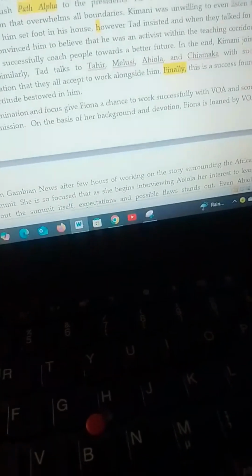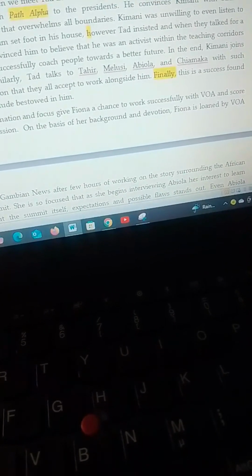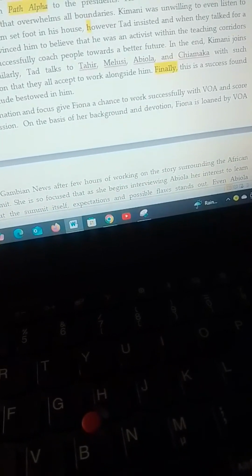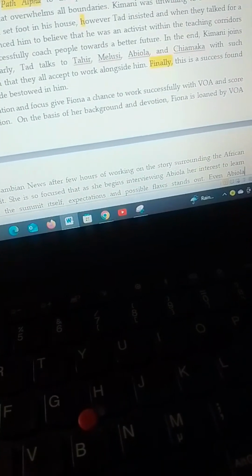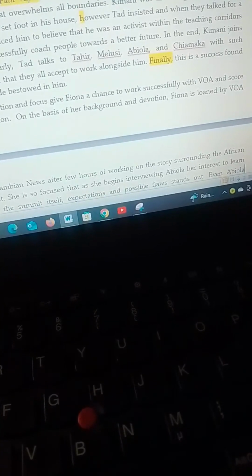Paragraph 2. The determination and focus Tad has enables him to have a whole team that can work for Agda. When we meet Tad in the novel, he is meeting the prospective individuals to help them push Path Alpha to the presidency. He convinces Kimani with such a determination that overwhelms all boundaries.